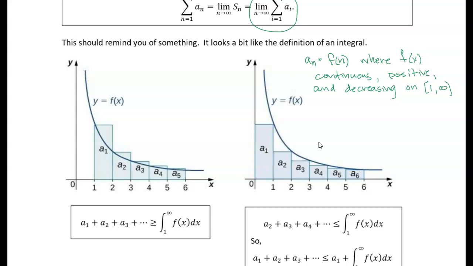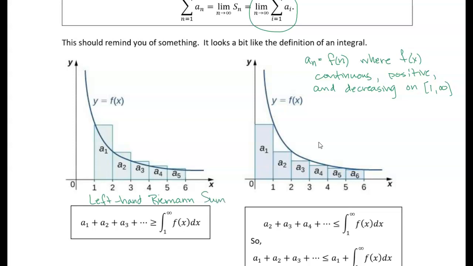The way it's drawn, this is essentially the left-hand sum. So this is the left-hand Riemann sum.